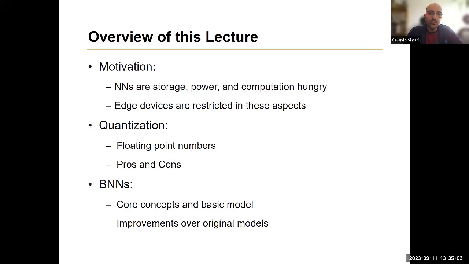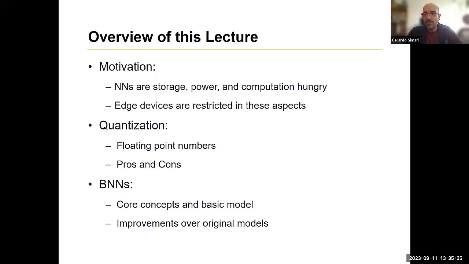So the way forward there is this topic called quantization that has been developed from different fields, and in the context of neural networks, it essentially means reducing the precision of your numbers, the numbers that you're storing.